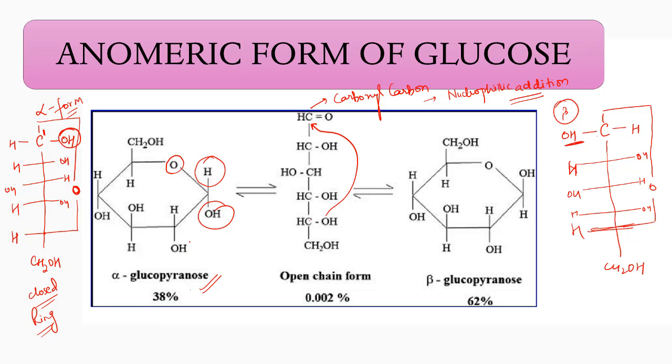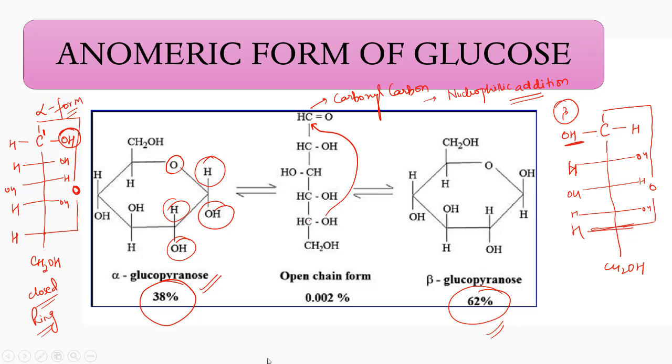Okay, same here. Second carbon, OH on the right hand side below the plane, H on the left hand side above the plane. So this is what the alpha glucopyranose, which is 38%. Beta glucopyranose is 62%. So beta form is more prominent. Okay, in case of glucose.